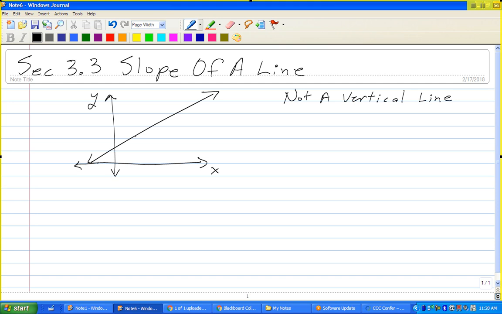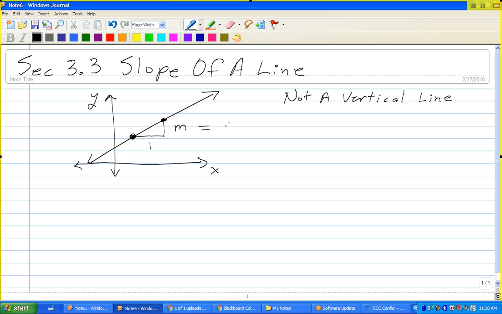Then, if I take a point on the line, and if I go 1 unit to the right, then the number of units that I have to go until I meet the line again, let that be m.